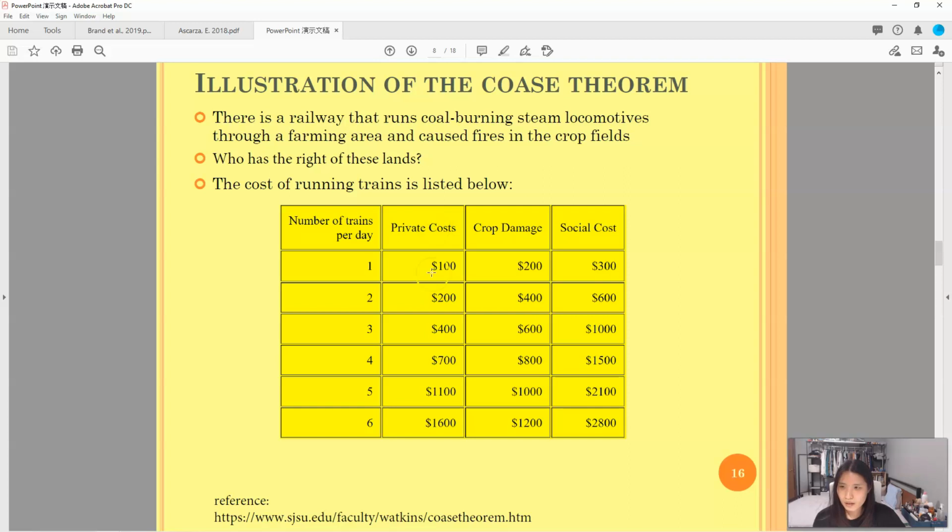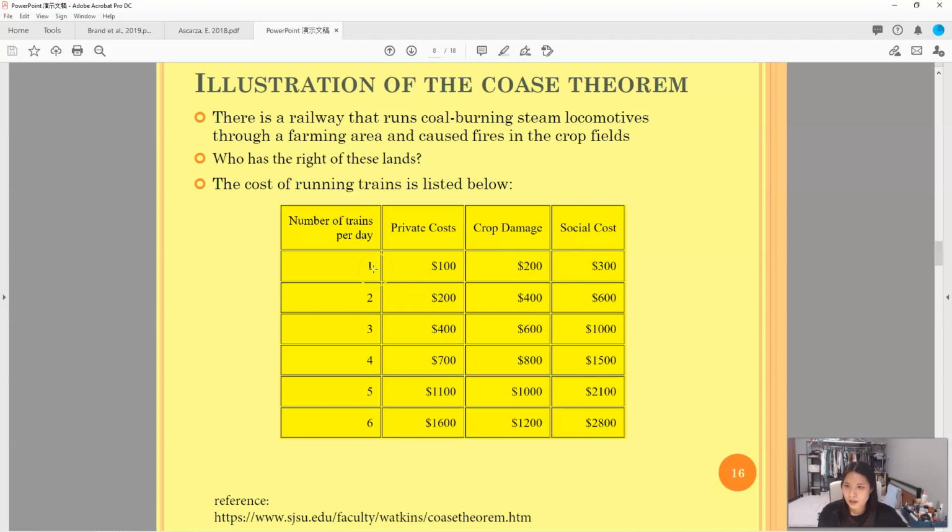The first column represents the private costs. The second column represents the crop damage. And the third column is the social costs, which is the sum of private costs and the crop damage.